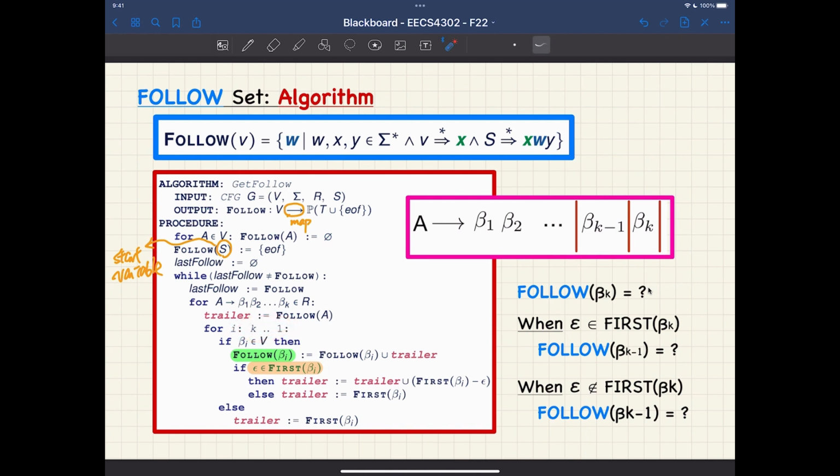Okay? But exactly how to do this calculation here, I got some warm-up exercise for you. Bear with me. So this one here, we just go from right to left. Go from right to left for the computation for every rule. And over here, we got certain calculation. And when you study the algorithm, I want you to pay more attention to this variable called trailer.